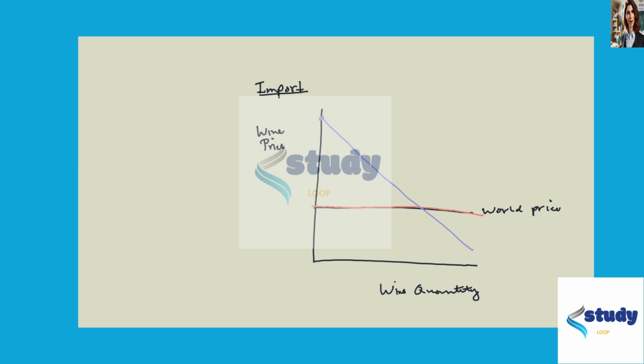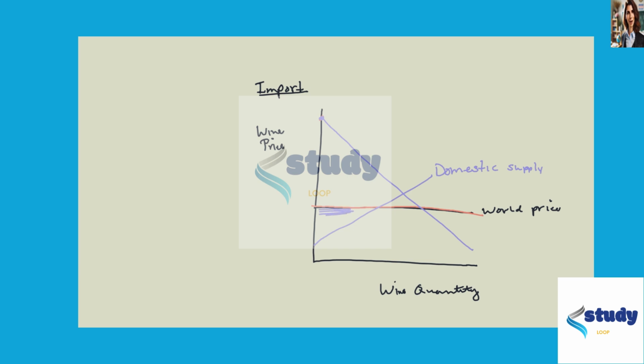And have our domestic supply line here. All right, so here is domestic supply. And mine may be a little exaggerated. It's going to be small in comparison to world supply.